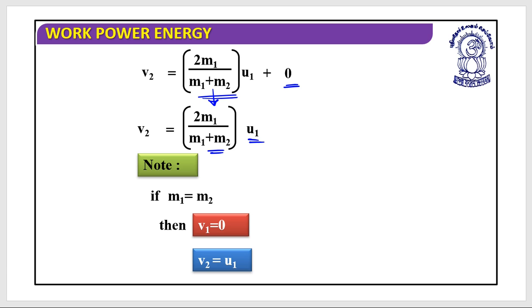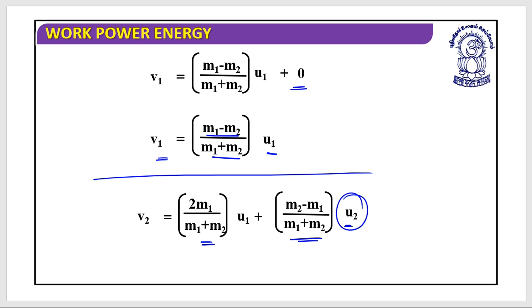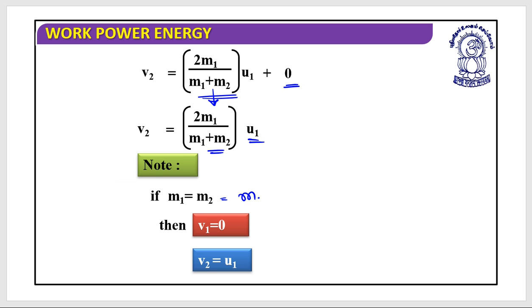Now as we have discussed, if m1 equals m2 equals m, then v1 is equal to (m1 minus m2) upon (m1 plus m2) into u1, and v2 is equal to 2m1 upon (m1 plus m2) into u1. So let's put in the values.